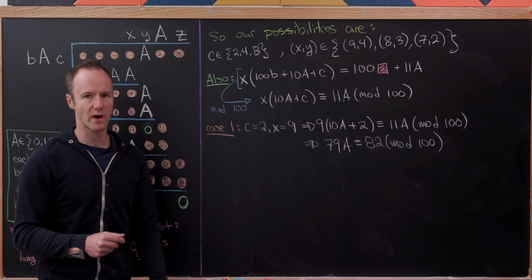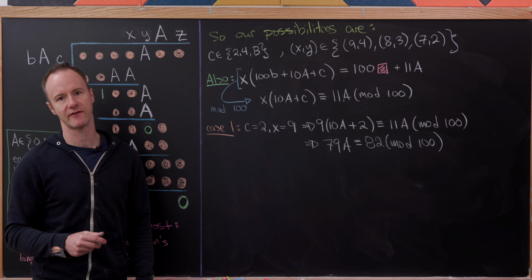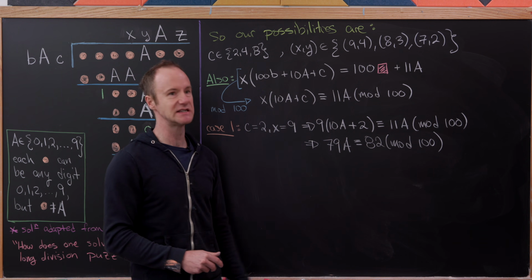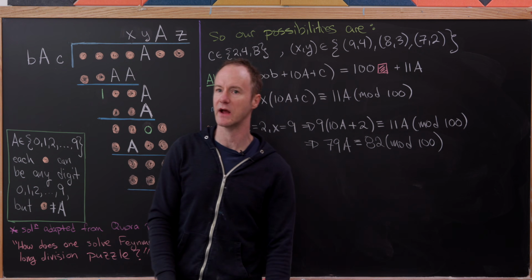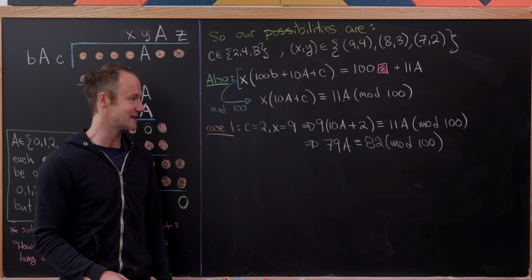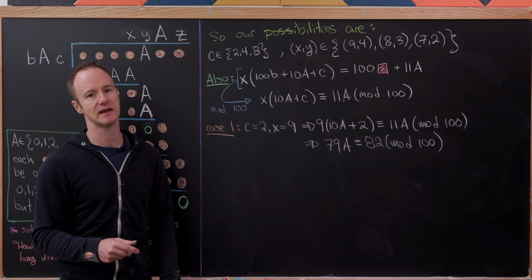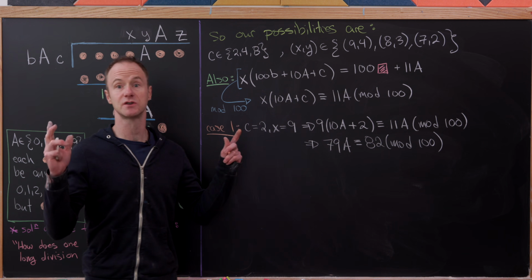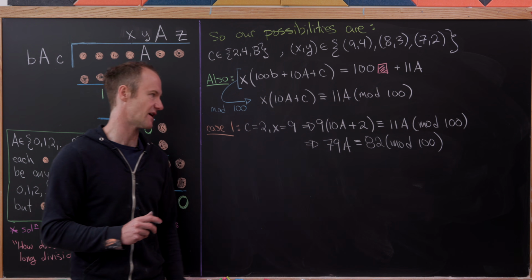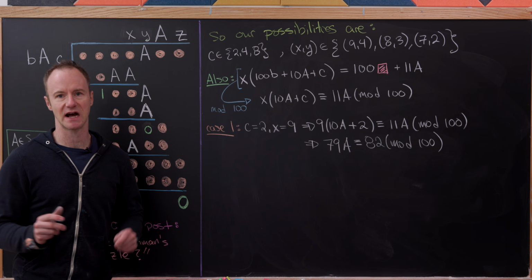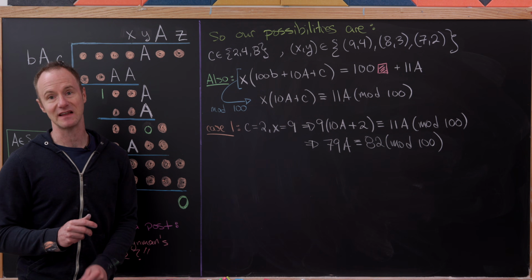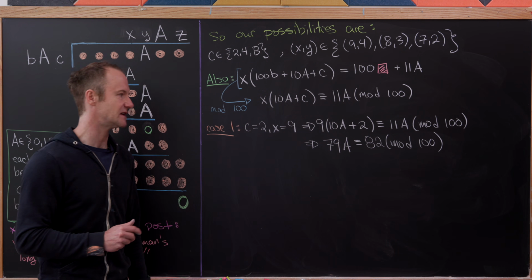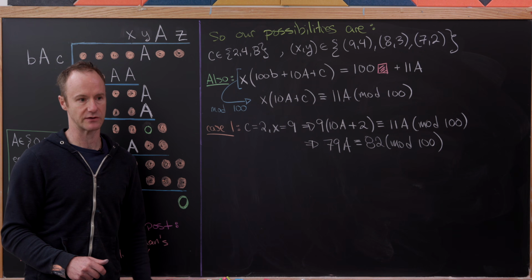Now, there are a couple of ways to determine if we have a solution that works. Let's recall that we need a to be between 0 and 9. Well, you could simply test everything between 0 and 9 and see if any of them works. Or you could find the so-called modular inverse of 79 and multiply both sides of this congruence by that, finding the value for a. This definitely has a solution because 79 is relatively prime to 100.